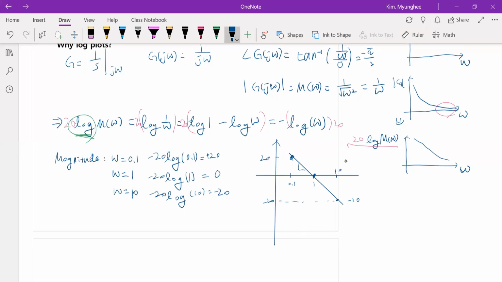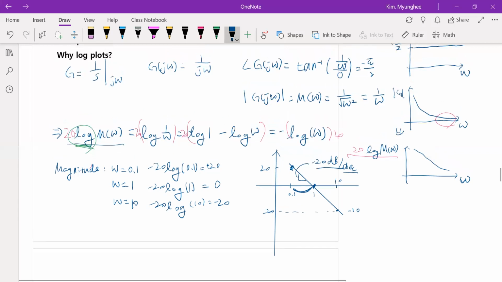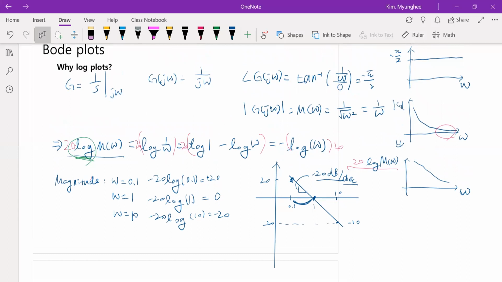And then the slope here is negative 20 decibel per decade, because 20 log magnitude is decibel. So this is in log magnitude called decades. So it's much easier to draw and understand the system by taking log in the angular frequency as well as the magnitude. That's why we are taking the log.